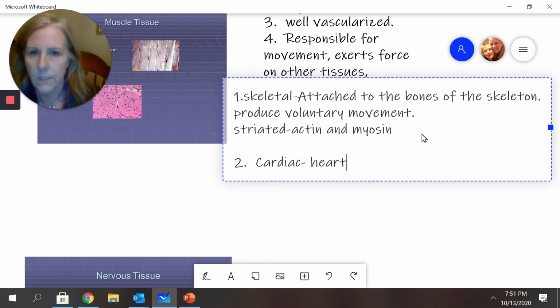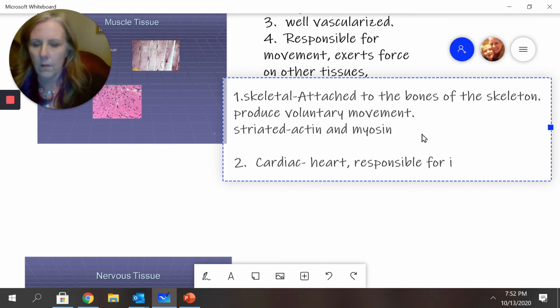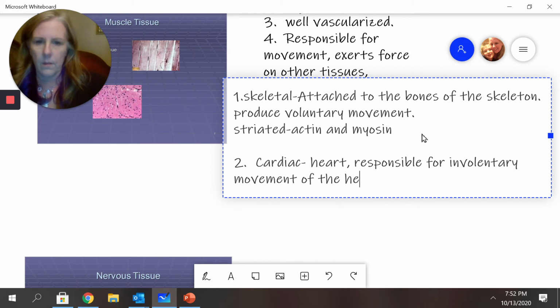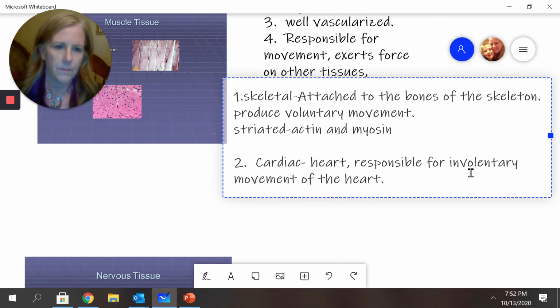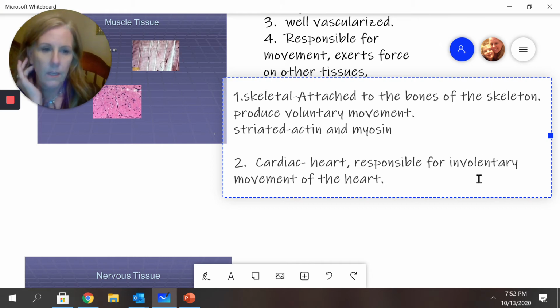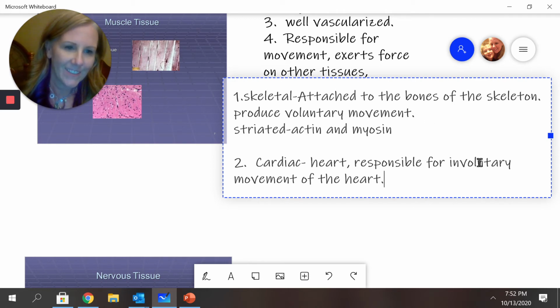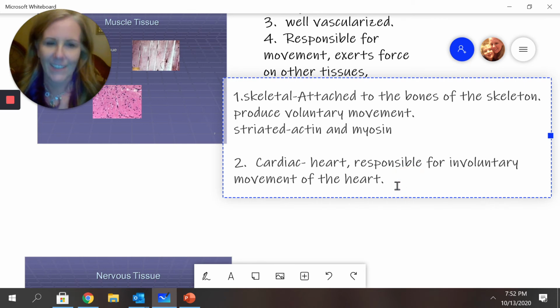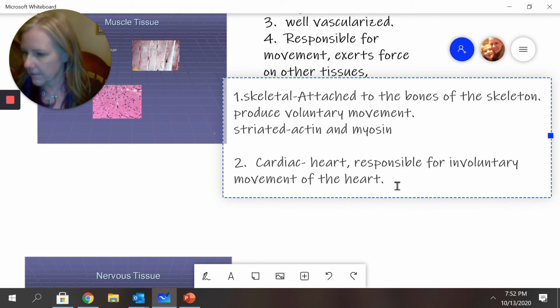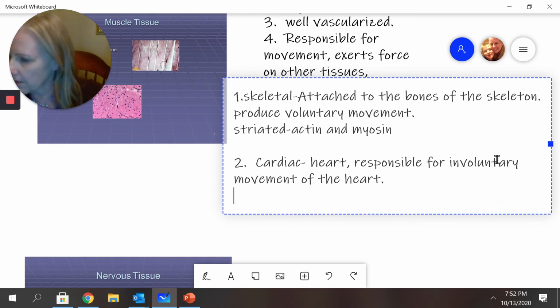So cardiac muscle is found in the heart, and it is responsible for the involuntary movement of the heart. We're going to talk lots about that when we get to the cardiovascular system.